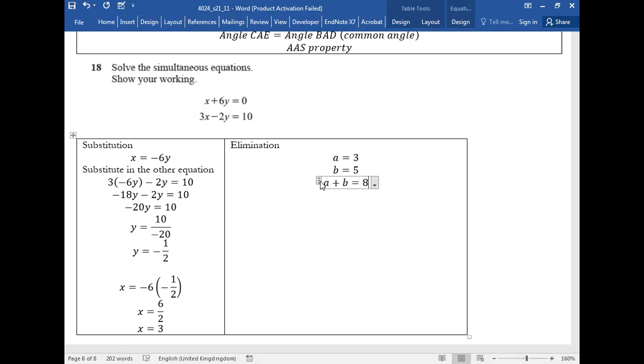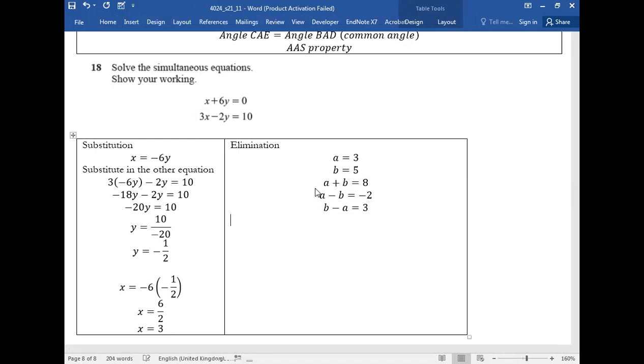If I tell you subtract both the equations, A minus B is 3 minus 5, which is minus 2. If I tell you subtract A from B, B minus A is 5 minus 3, 2. So what are you doing? You are subtracting the left side from the left side and the right side from the right side.